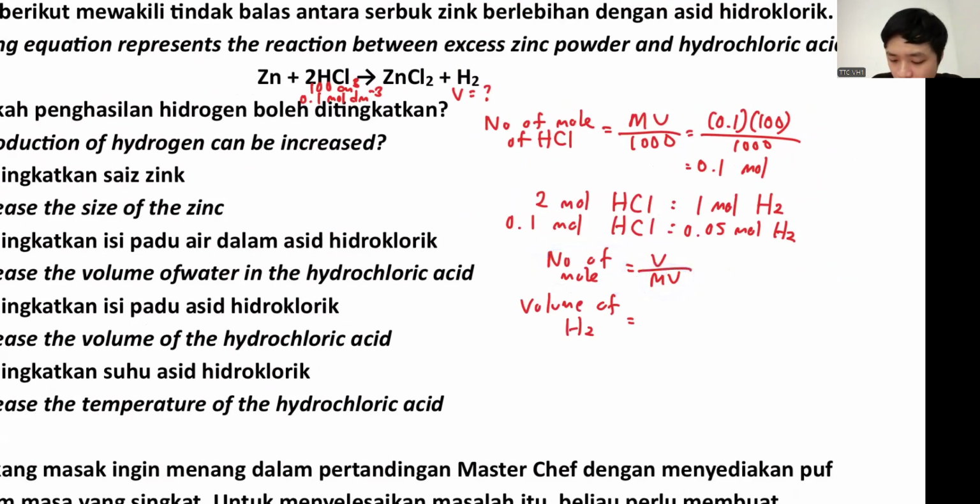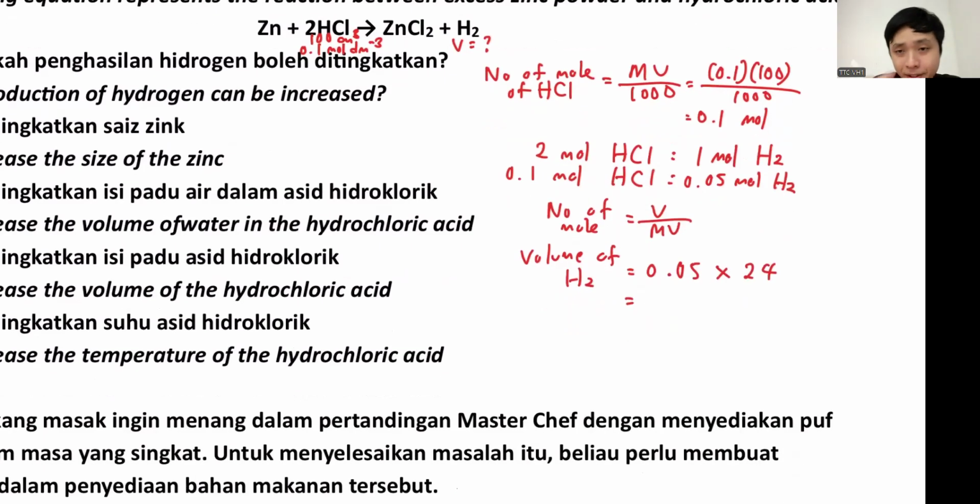The number of mole is 0.05. Let's say the molar volume is 24. Normally it's either 22.4 or 24, and normally it's 24. So you will get 1.2 dm cube. Or if you want it in cm cube, you can say 1200 cm cube.